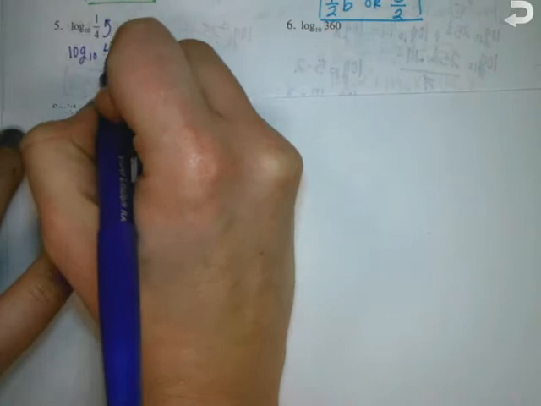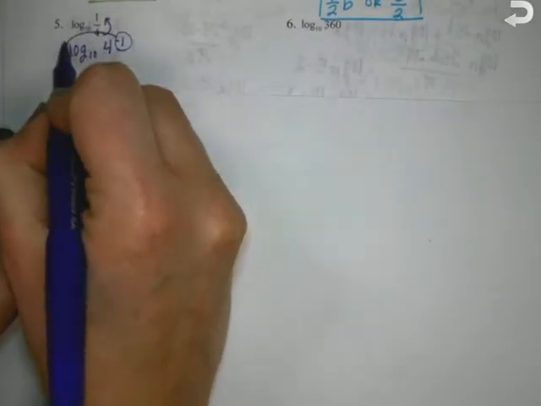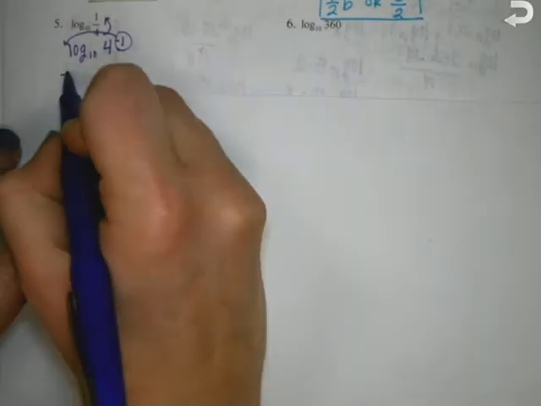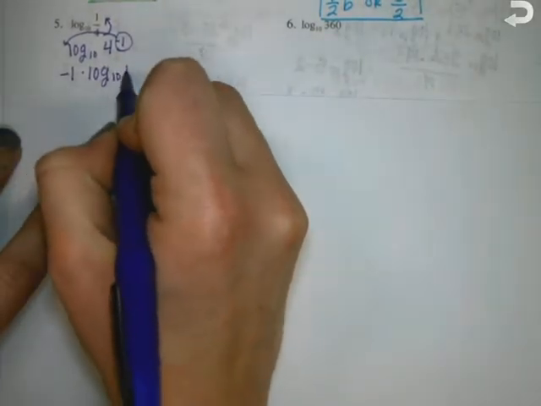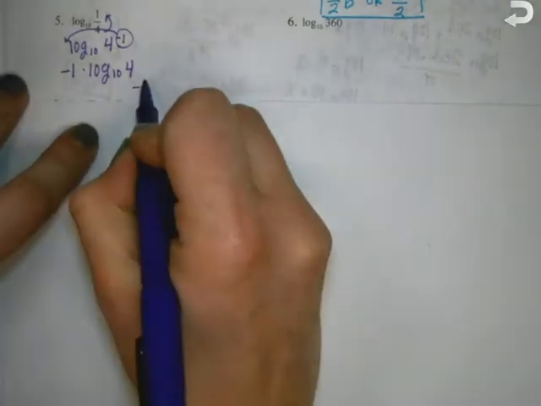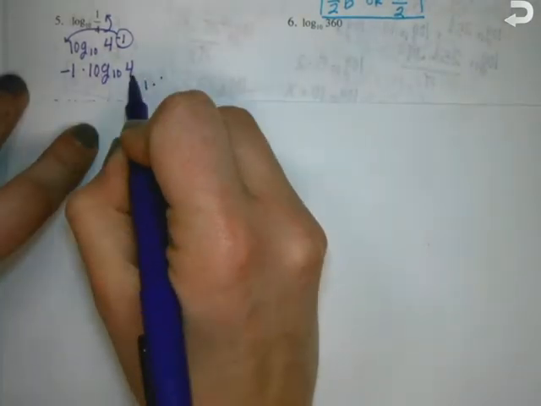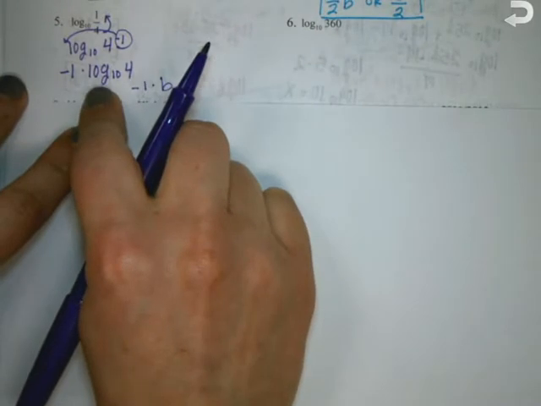So what property is that? Power. That's the power rule. So we bring that negative out in front. So that's going to be negative 1 times log base 10 of 4. Log base 10 of 4 is B, so we just substitute B in. Negative 1 times B gives me negative B.